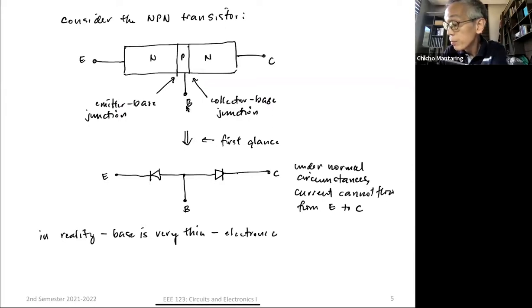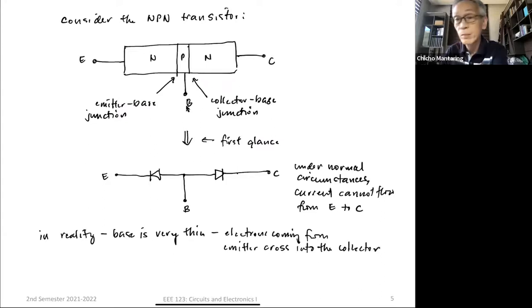So in reality, the base is very thin, so the electrons coming from the emitter cross into the collector. And it is the current at the base that will actually control the current flow between the emitter and the collector.